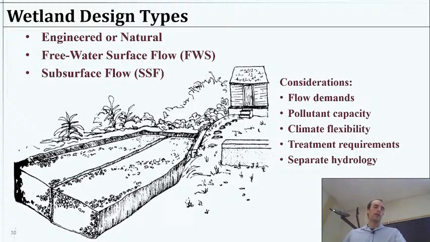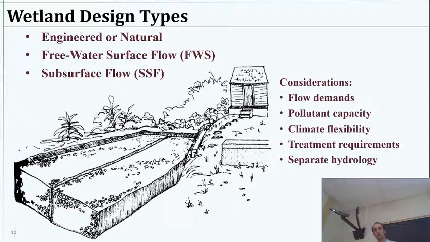Perhaps you can find a natural system that would have some gravel and stuff you could discharge into in a way that it would mostly be subsurface. But I think that generally the second, the subsurface flow, would be mostly engineered. So you can use natural wetlands. Again, you have to keep in mind what your design priorities are, to keep people out of it, or reduce that human contact with the pathogens.